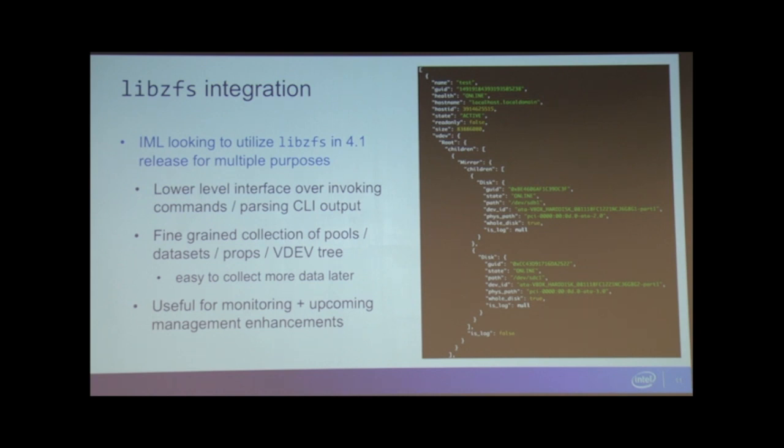We're looking to utilize LibZFS in the 4.1 release to get fine-grained collection of pools, data sets, properties, VDEV trees, really trying to collect as much from ZFS as we can and usefully display it to the user. We think that moving in with this first step will be useful for further monitoring and upcoming management enhancements as well. And there's just some output of what we're kind of scraping out through libZFS and consuming with downstream services.